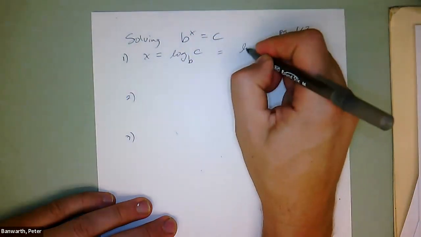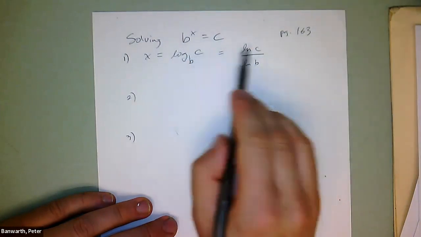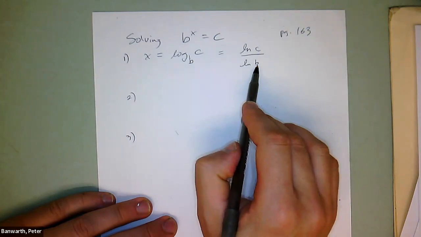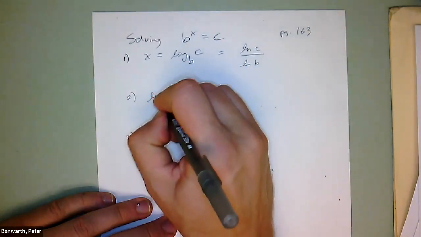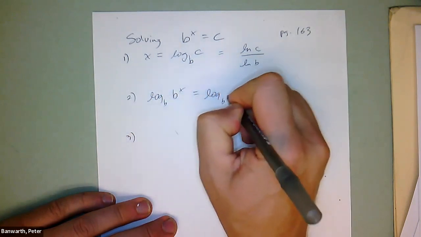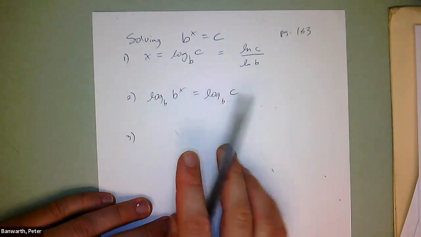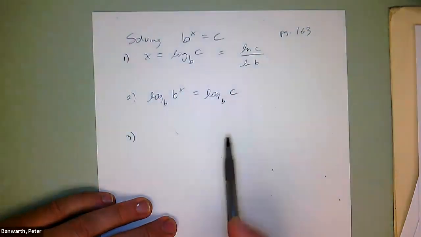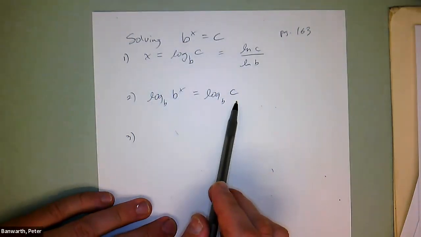And if I need to write that as a natural log, I can write it as natural log of c over the natural log of b. I could also say I have a b to the x, so I'll take a log base b of both sides, which we can do because log is an inverse function. So I can run this through and I'm guaranteed that if these things are equal, then these things are equal.